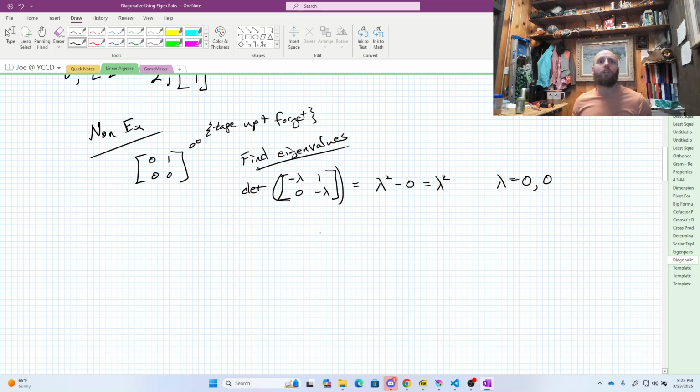All right, cool. So now I'm going to look at the null space of this matrix. I'm going to take my matrix here, 0, 1, 0, 0, augment this by 0, and row reduce. I already did that. I'm going to get y is equal to 0 and x can be anything at all.